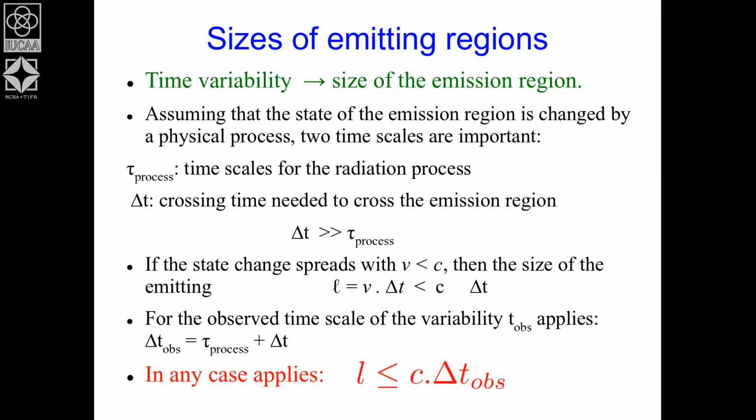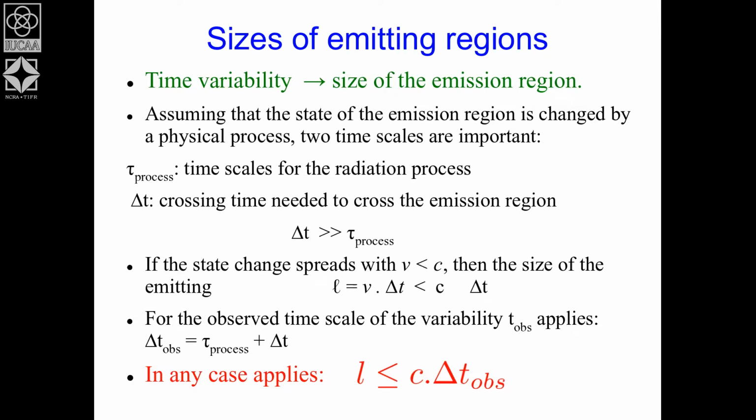Then one can say the size of the emitting region, let's say this is L, will be the speed of the state change, v, times the crossing time delta t. So this quantity v times delta t will of course be less than c times delta t, where delta t is the crossing time again. Okay, but our observed time scale will be the sum of these two time scales, the tau process and delta t.